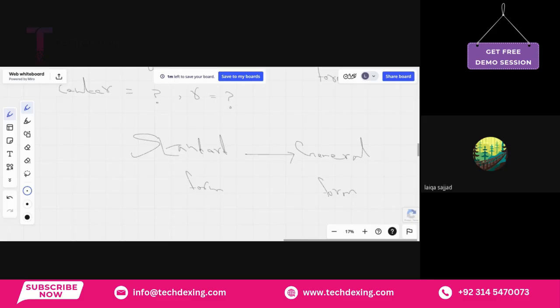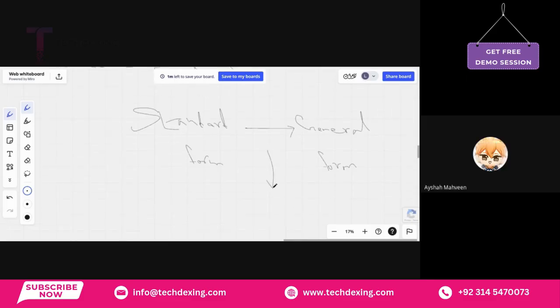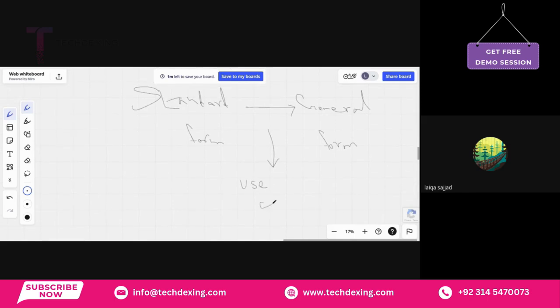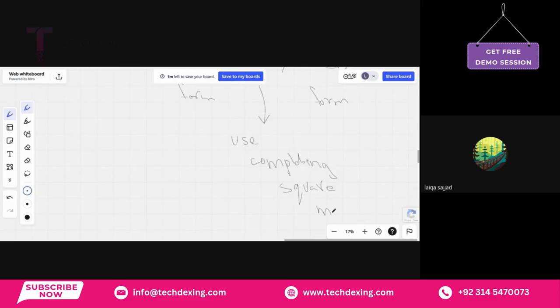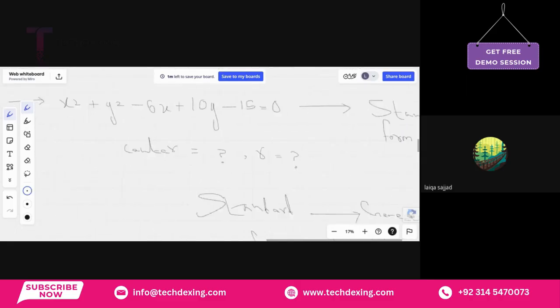We use the completing the square method.